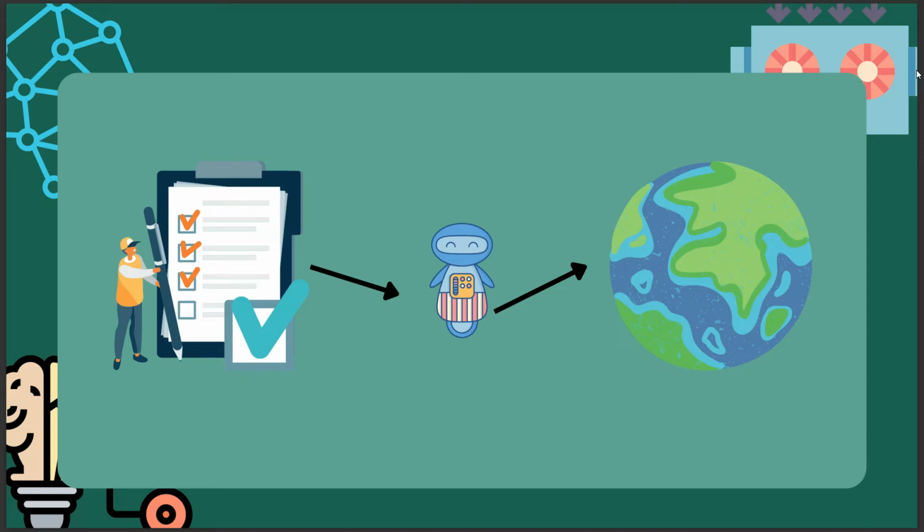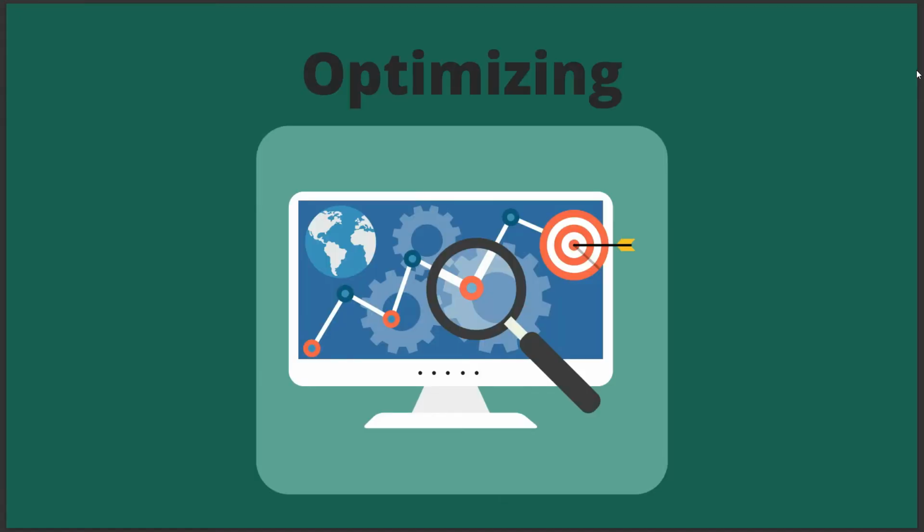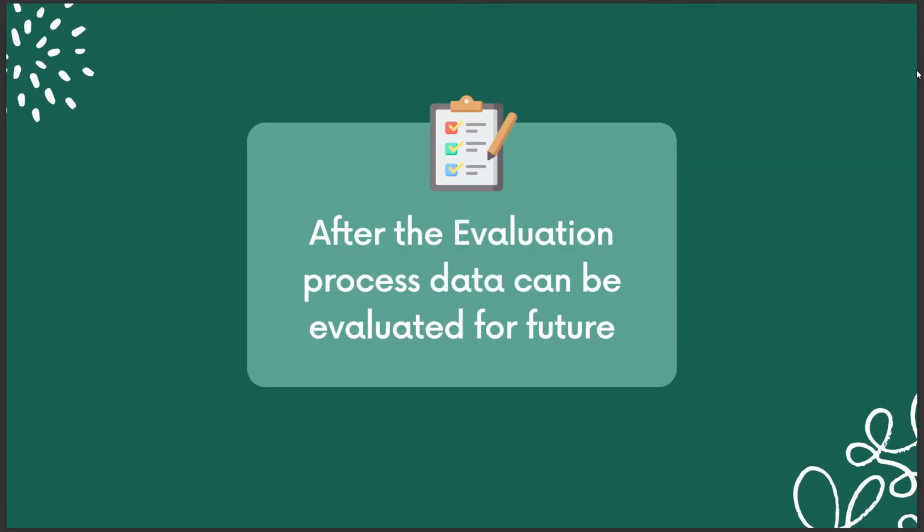Let's see what else we have apart from the evaluation process. What we have is optimization. After the evaluation process, the data can be evaluated even further. How do we know that our model is 100% accurate, or that it's giving the exact answer?